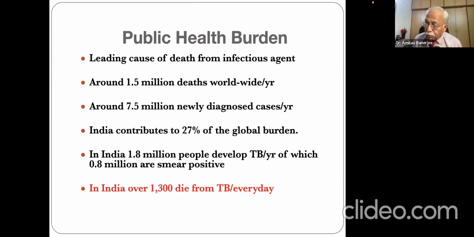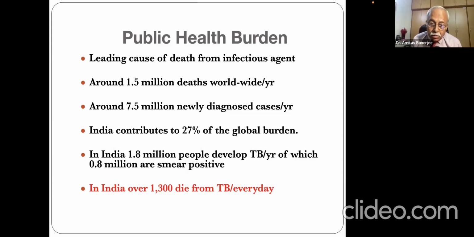So we can see that we are far behind China in tuberculosis control. We are contributing 26%. China is contributing 6.8%. Of course, we don't know whether we can trust this data, but at least Pakistan is 6.3%, and Pakistan's population is, I think, one-fifth or one-sixth of ours. So all said and done, TB is a major problem in our country.